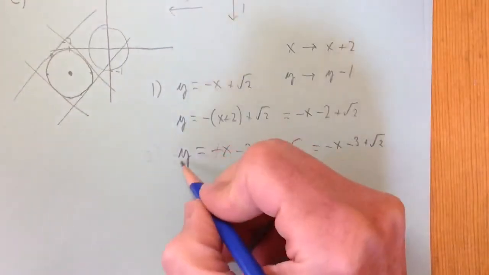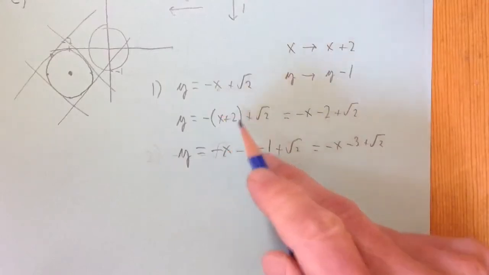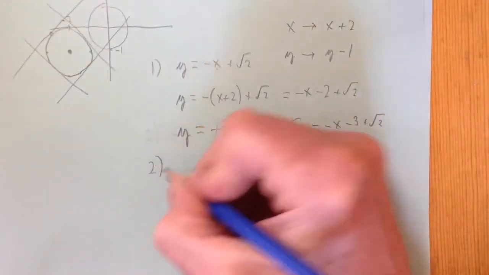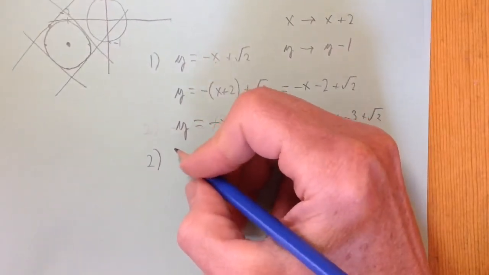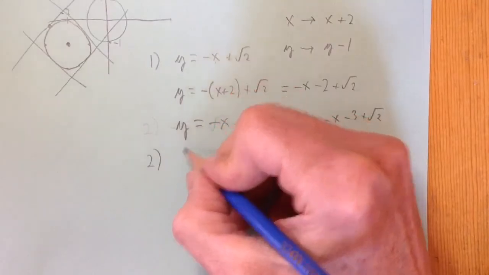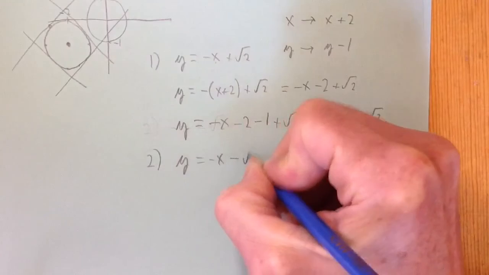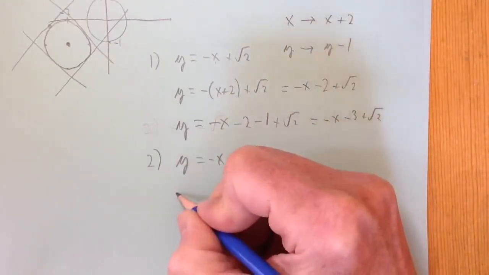First we add 2 to the x, and then take away 1. Now we do that for the second one. Our second one here is y equals -x minus root 2. So first we change the x to an x plus 2.